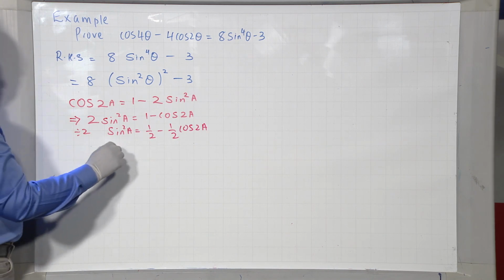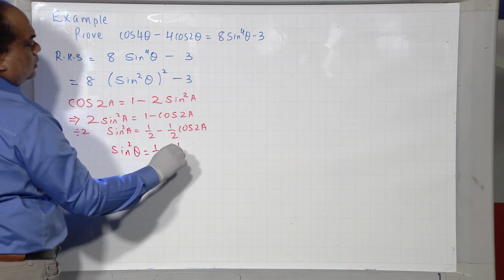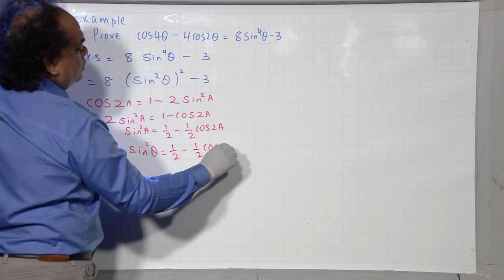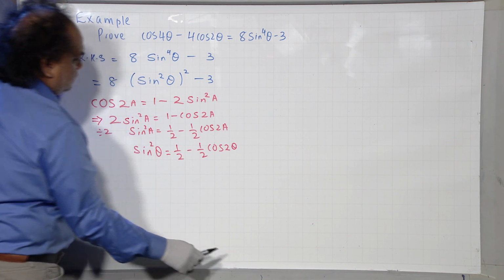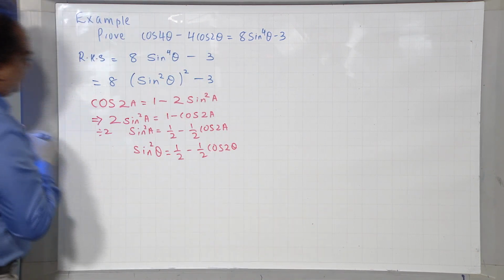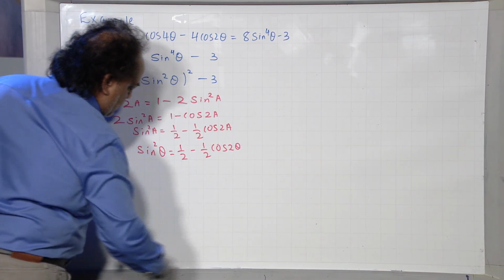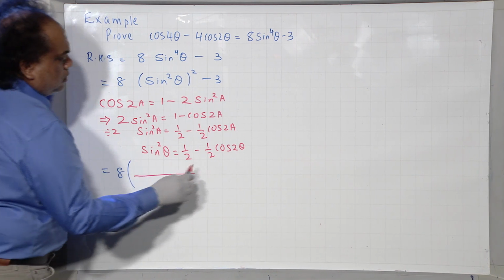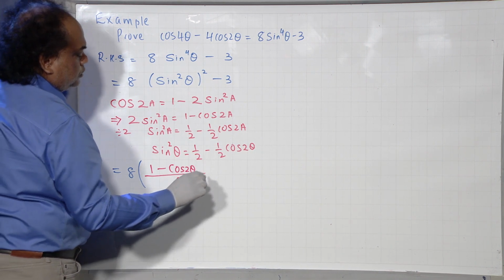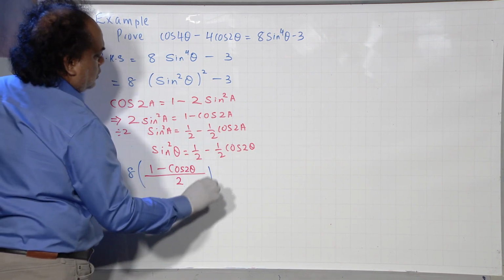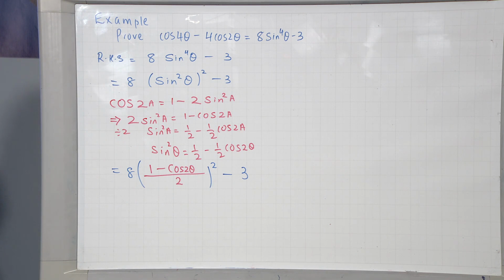So sine squared theta will become half minus half cos 2 theta. If we replace that here, it will become 8 times (1 minus cos 2 theta over 2) squared, minus 3.